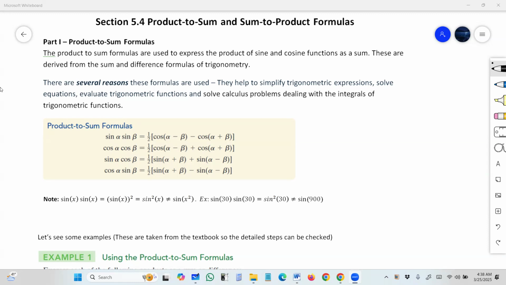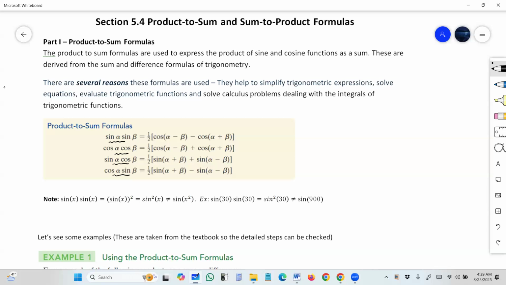So these formulas, where we go over the sine and cosine functions as a product, and we convert them, as you can see here, from the product format, either sine times sine, cosine times cosine, sine times cosine, or cosine times sine of some angles alpha and beta.